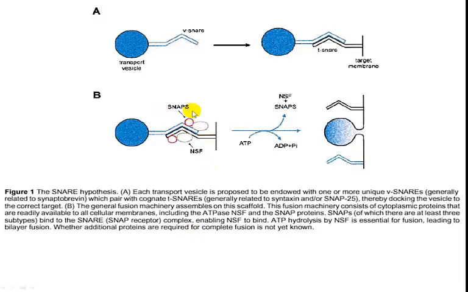So there are some other properties of the proteins associated with this complex that we want to think about. We're not going to get into the details. This is enough. SNAPs, NSFs, and SNAREs, and the ATP dependency is sufficient for the critical thinking level integration that we want to have in endocrinology.